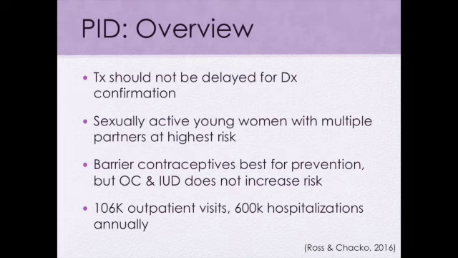Although barrier-type contraceptives prevent the transmission of most STDs, the most recent data shows that oral contraceptives and IUD birth control methods do not increase the patient's risk of developing PID. Lastly, PID is the cause of over 100,000 outpatient visits and 600,000 hospitalizations annually in the United States.